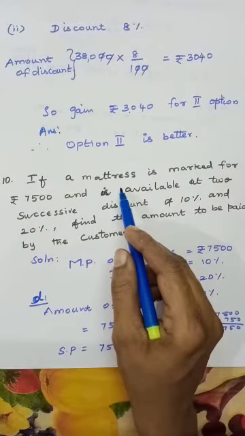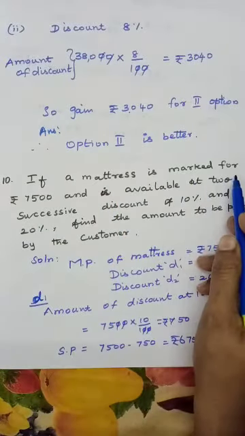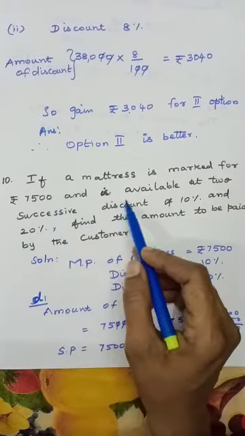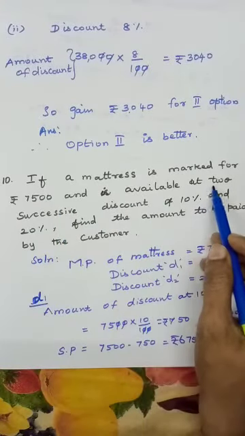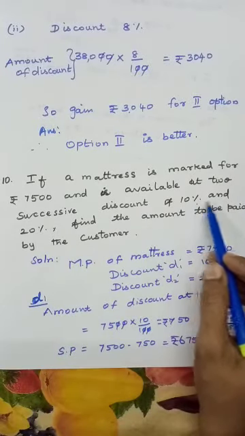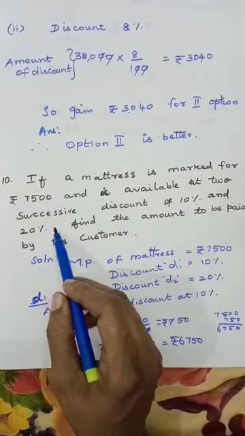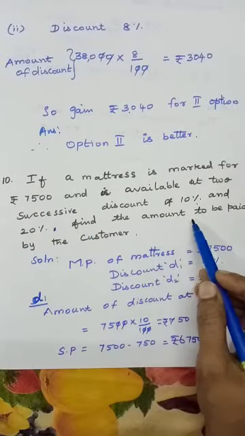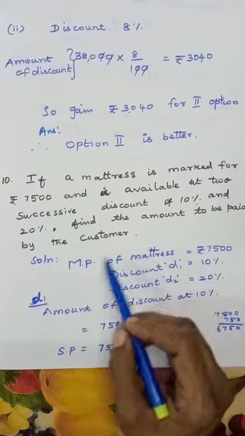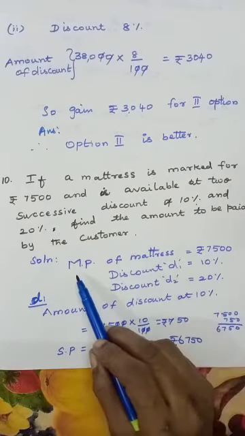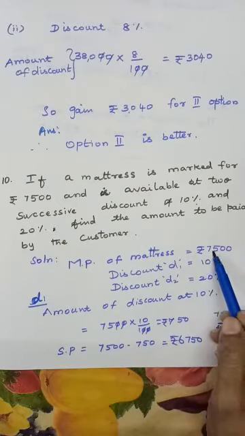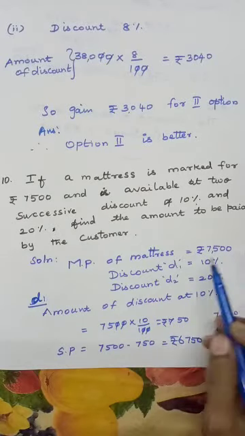Then 10th problem. If a mattress is marked for rupees 7,500 and is available at 2 successive discounts of 10% and 20%. Find the amount to be paid by the customer. Okay, solution. Marked price of mattress is equal to rupees 7,500.